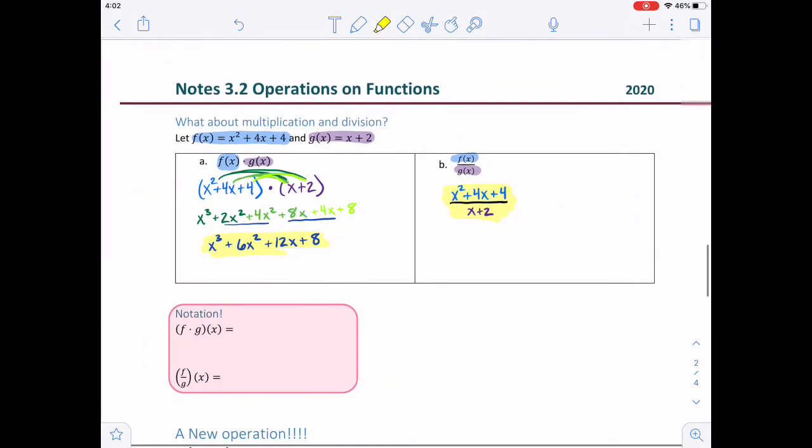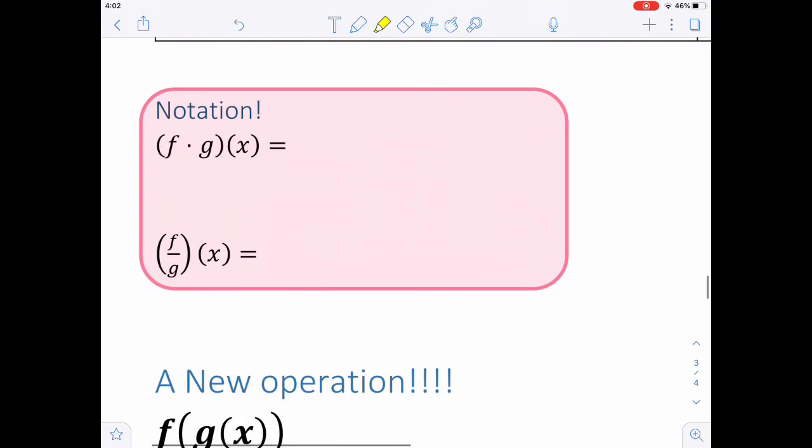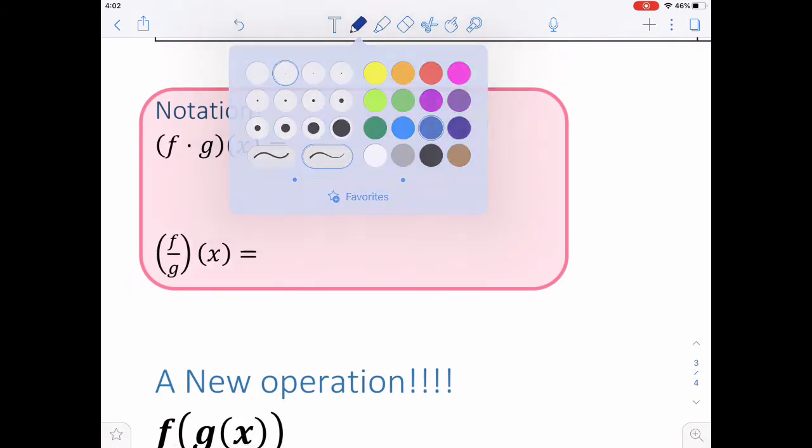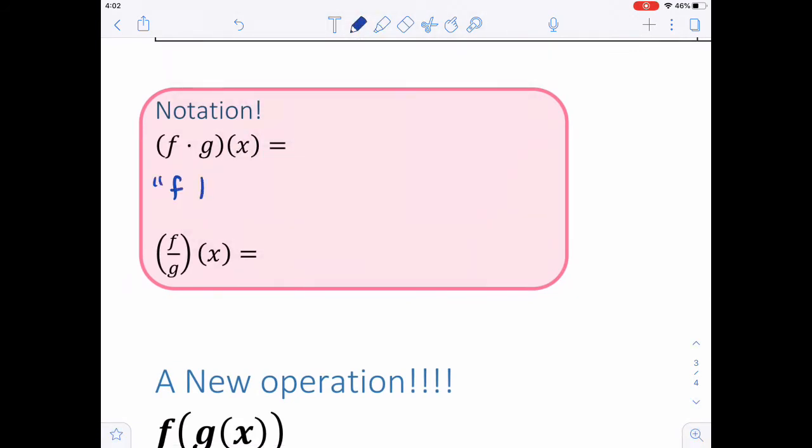All right, so that's addition, subtraction, multiplication, and division. We can do 4 options now between functions. And just like with addition and subtraction, we get that same sort of different notation. We're going to read this one as f times g of x.